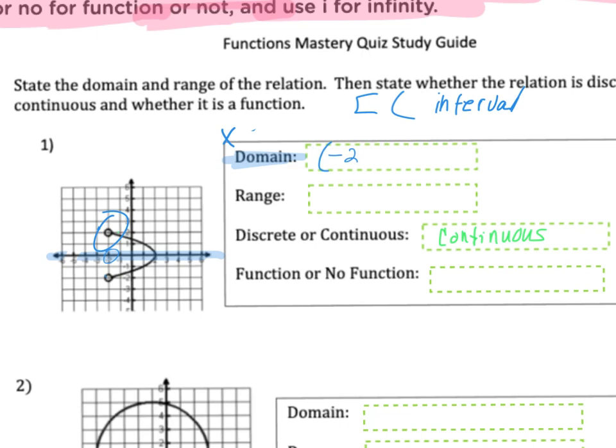And now we need to add our comma and see what's going to be on the other side of that domain. So we need to look at the ending point, which if we're going along the x-axis is going to be right here. So that lines up with +2 on the x-axis. So +2 is going to be the right side of that interval.